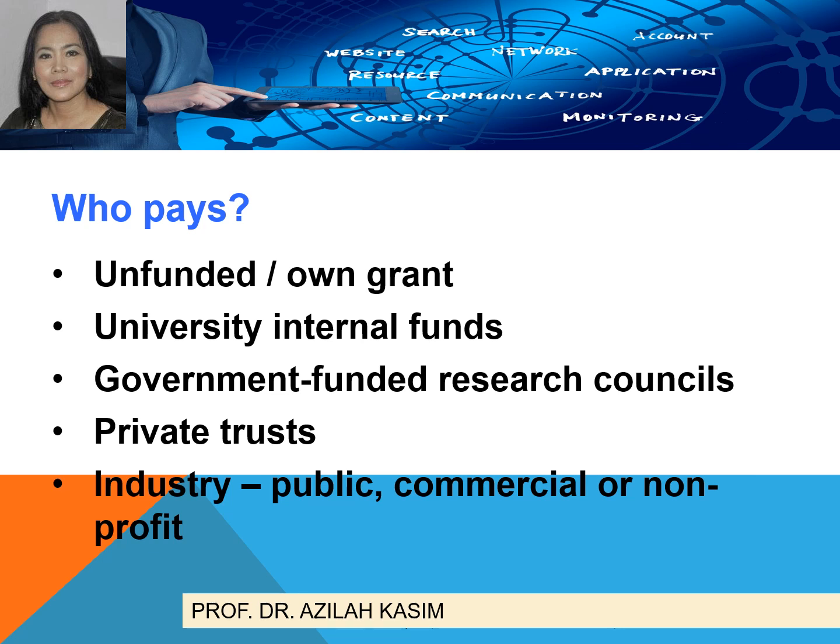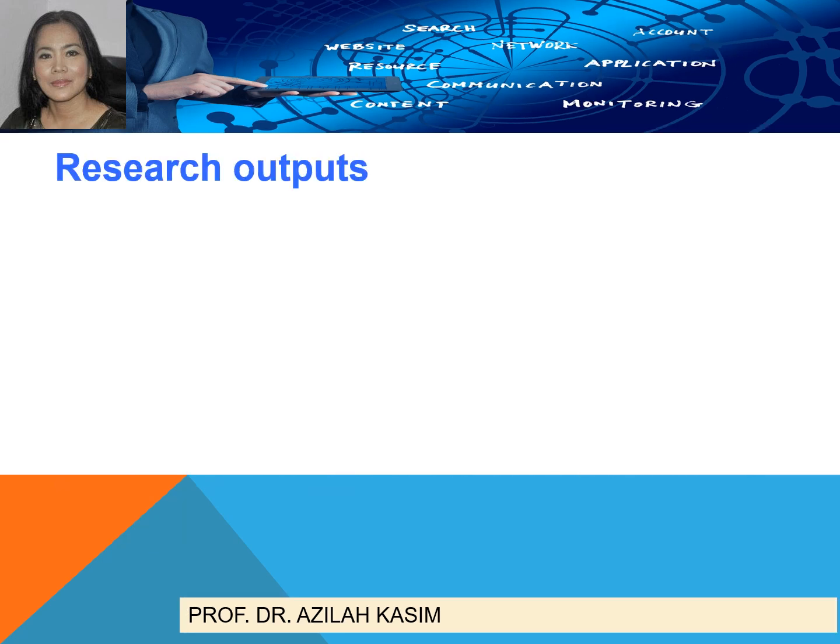In terms of output, that means what we get at the end of the research. How do we disseminate the research? It can be through all these ways. For the academician, they usually write journal articles from their research findings, and then publish them so that other researchers can also read the articles.